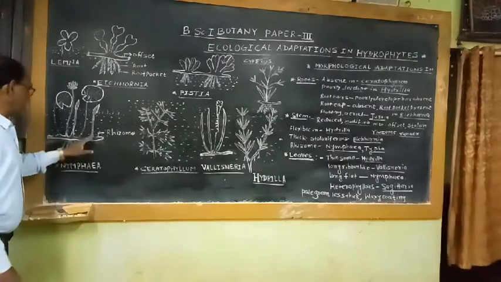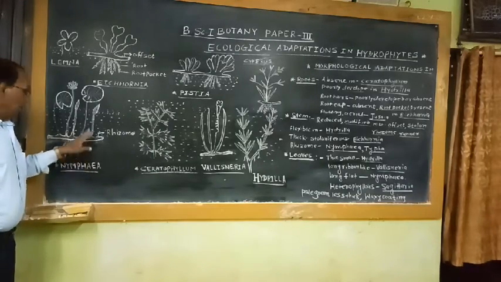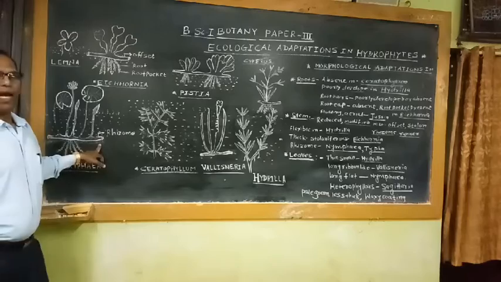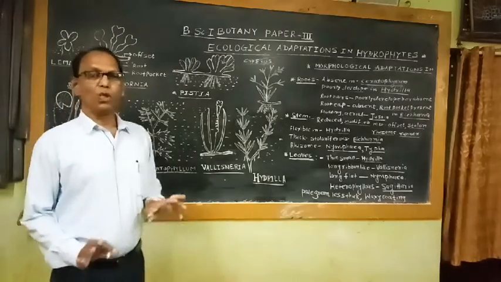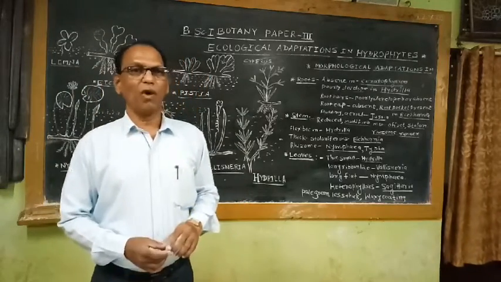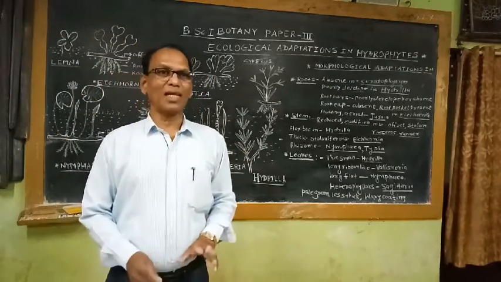Another kind of plant, for example Nymphaea. This Nymphaea plant as well as Typha possess a rhizomatous stem. You know rhizome, you know ginger. Ginger is an underground modified stem commonly called a rhizome.